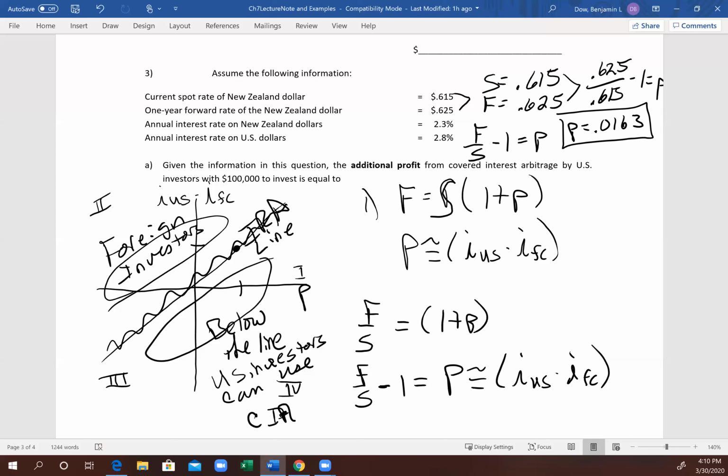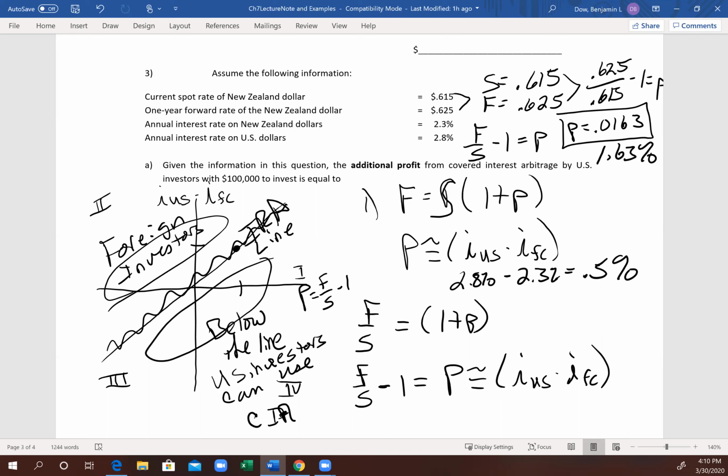But the difference in interest rates, if we just look at the difference in interest rates, we can see that the difference in interest rates is 0.5%. All right. So now what we've got to do is go onto our graph that shows on the x-axis the forward premium measured as forward over spot minus 1.